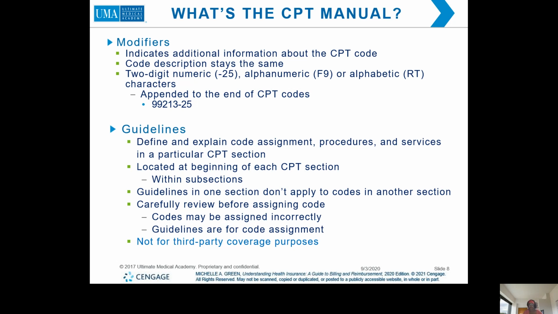We'll say it's a code. And we say that it's appended. So you place it at the end of a CPT code. What it does is it tells you something else about the code. It doesn't change the code, but it will give you information about that code.